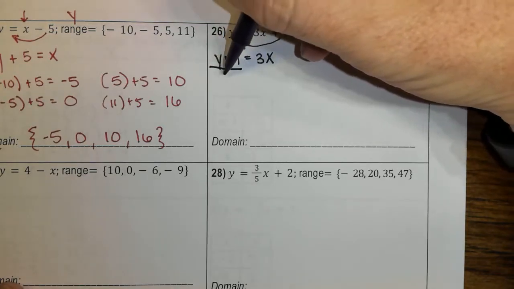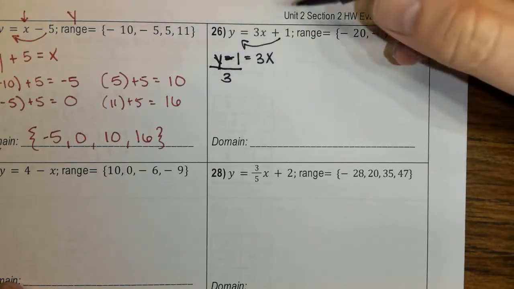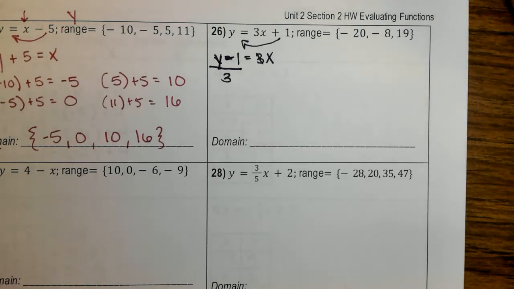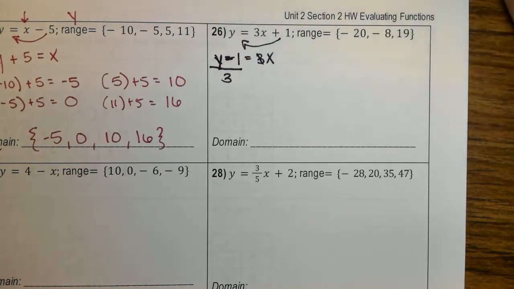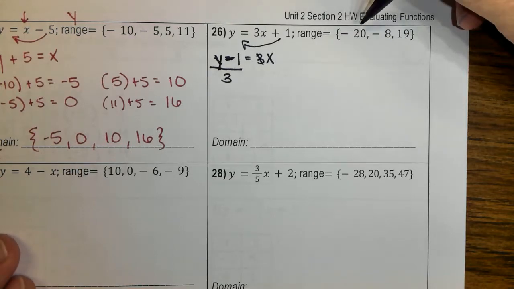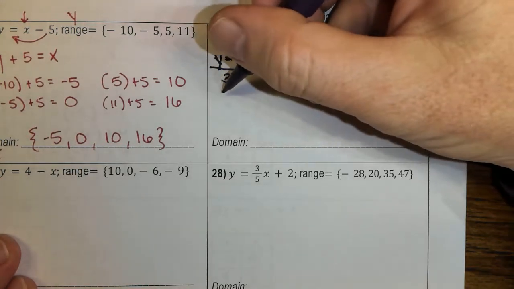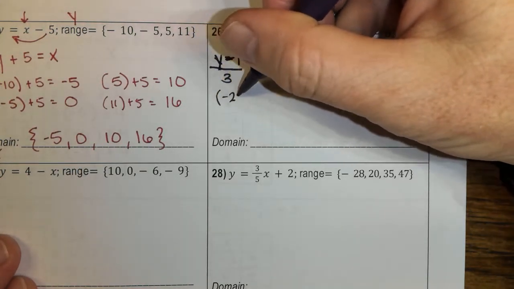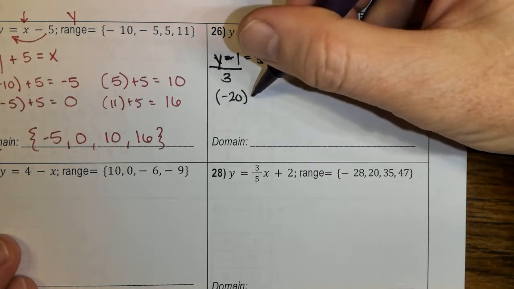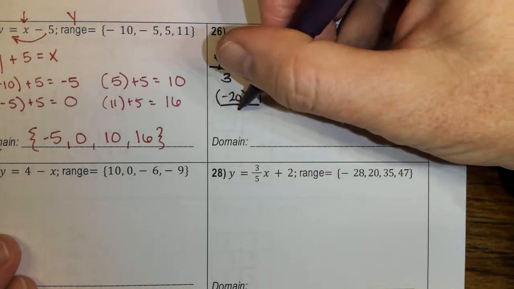So I'm going to divide all of this by 3. Okay. Now, the nice thing about this is you can leave this as one giant fraction, and when you plug in your numbers, you'll see that it's actually very simple to do. So I'm going to use my first y, negative 20. Okay, so I have parentheses negative 20, that's my y, and then minus 1 divided by 3.